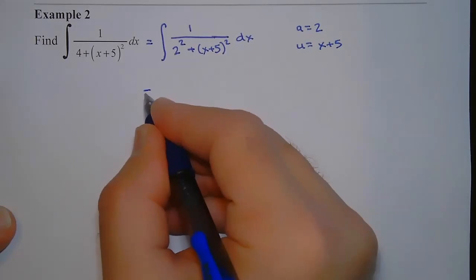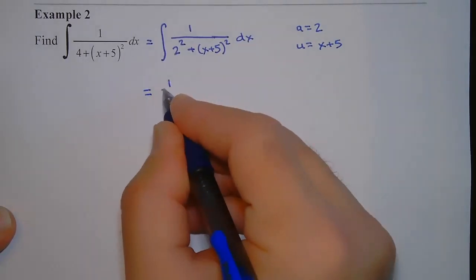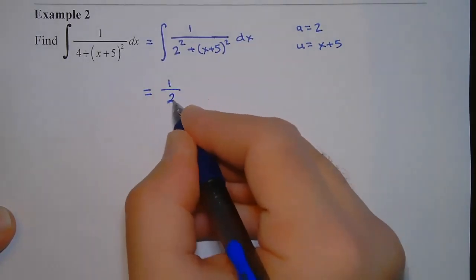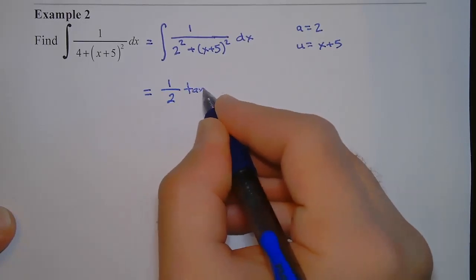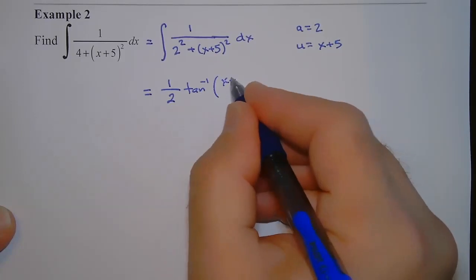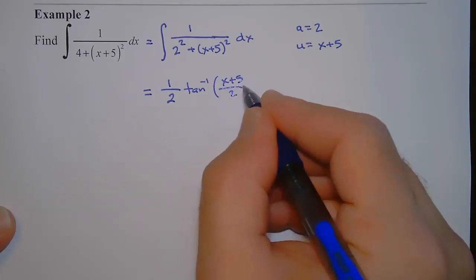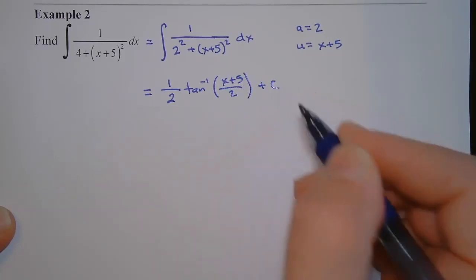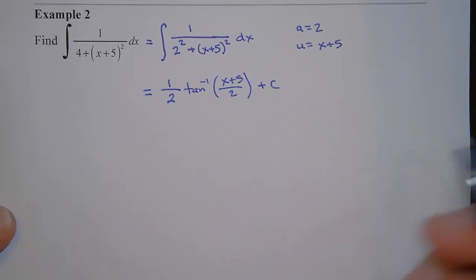And so this is equivalent to 1 over a, which is in this case 2, tan inverse of u over a, so that'd be x plus 5 over 2, and then plus some constant c, okay? And really, there's no cleaning up for that. That's it. That's the answer. Okay. And that's example 2.